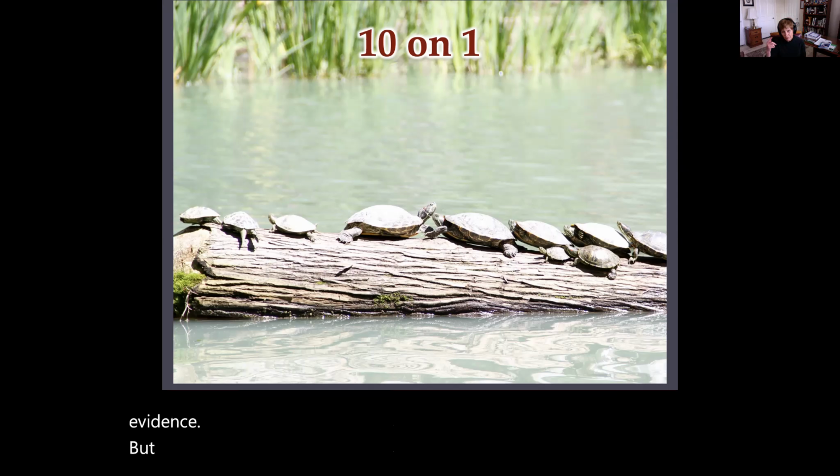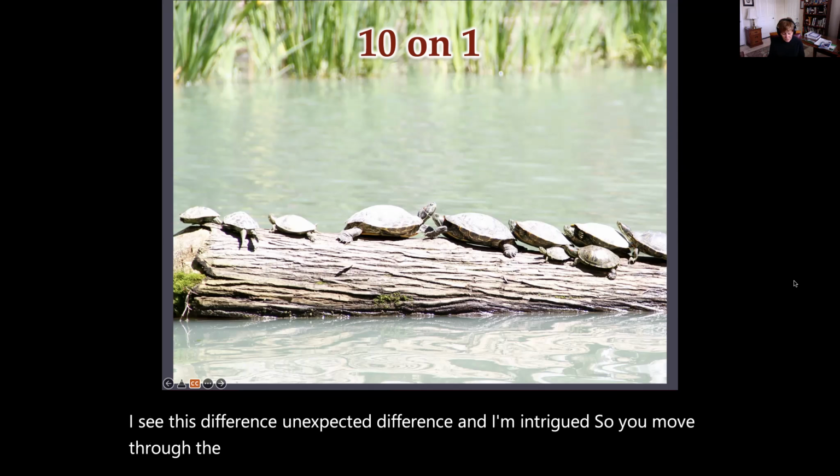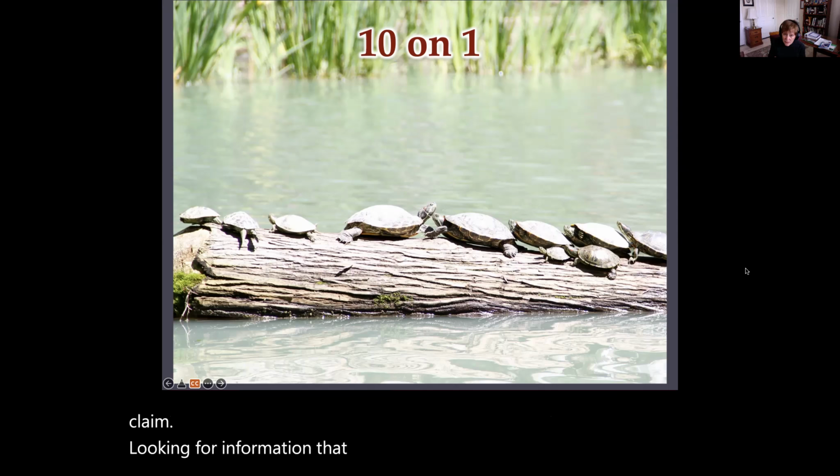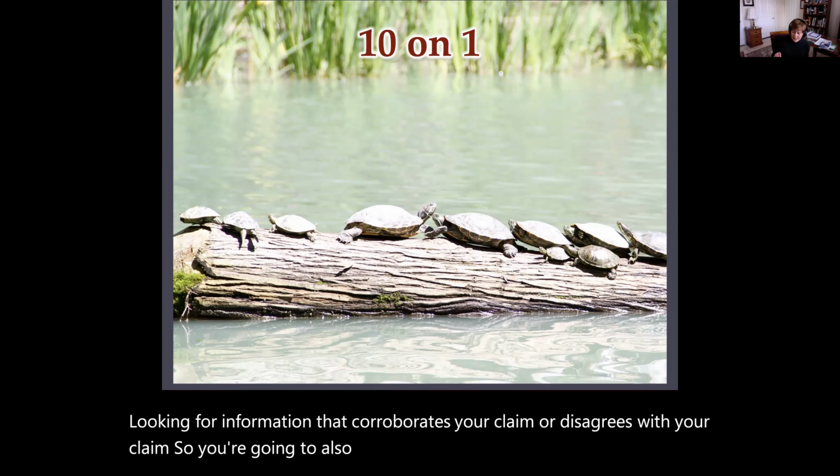But then, I see this difference, unexpected difference, and I'm intrigued. So you move through the evidence and you look for information that corroborates your claim or disagrees with your claim. So you're going to also look for those things that disagree with you.